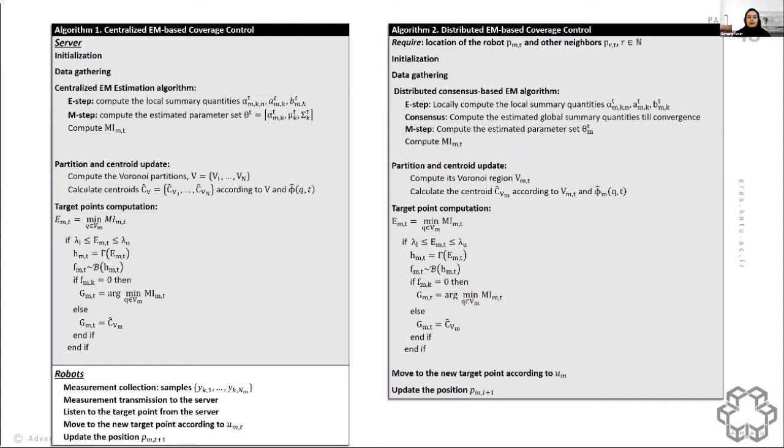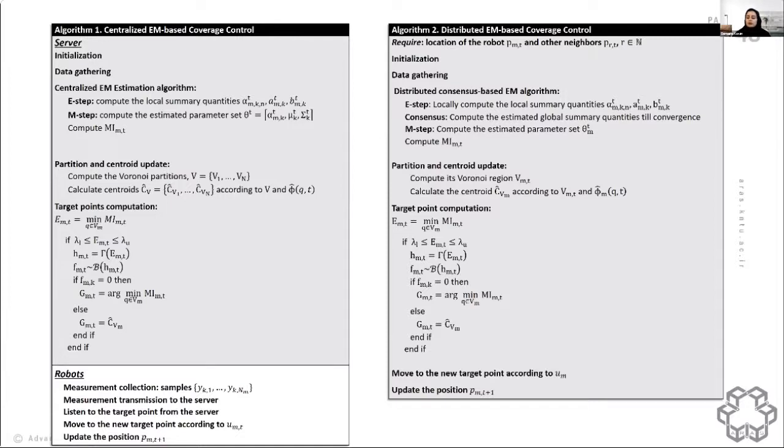For adaptive sampling, in this work, we choose mutual information as a measure of information to force the agents to move toward unobserved regions. In the distributed algorithm, a consensus-based expectation maximization algorithm is presented to learn the local density function, and each agent in the distributed algorithm works independently.